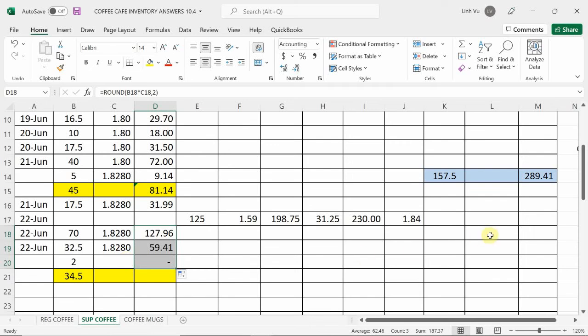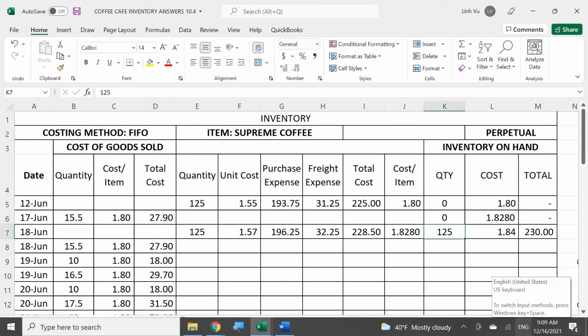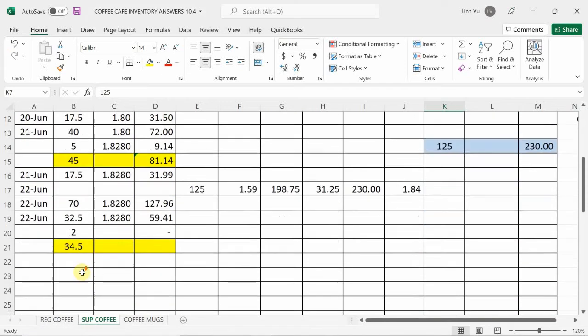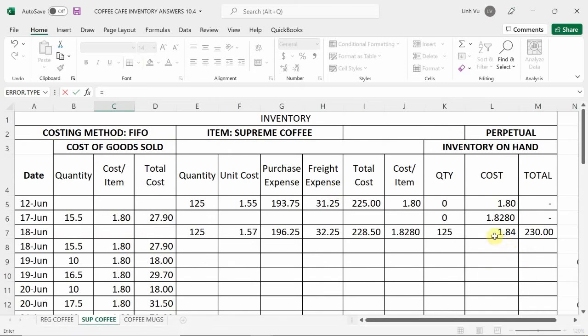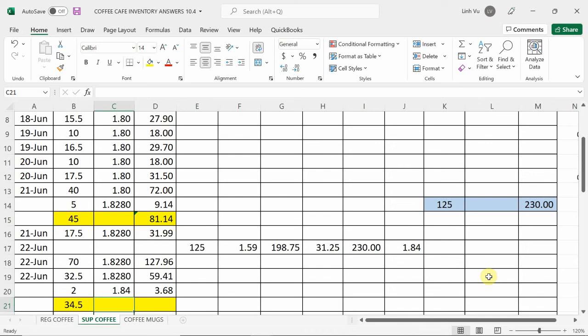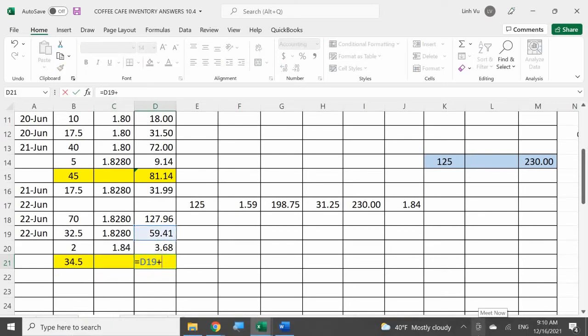We sold 32 and a half or used it. So that means this part of the inventory is now gone. So now I need to dip into the new batch of inventory. What's my cost per item there? $1.84. So 2 times $1.84 gives you $3.68. Right, so for a total of 34 and a half, it's got to be 63.09.